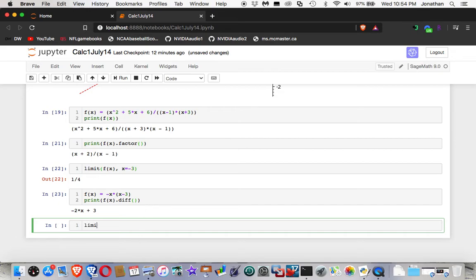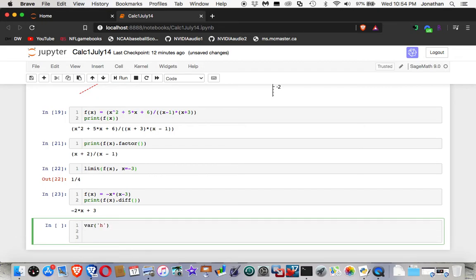First I need to declare the variable h. And I'm going to take the limit of f of x plus h minus f of x, all divided by h. One of the other nice things that you might see about Sage is that whenever I open a parenthesis, I need to close it.